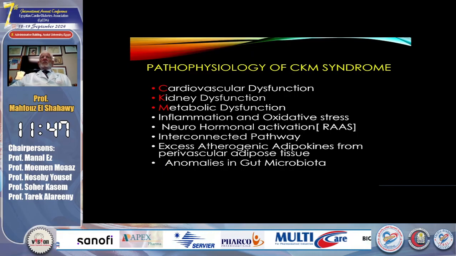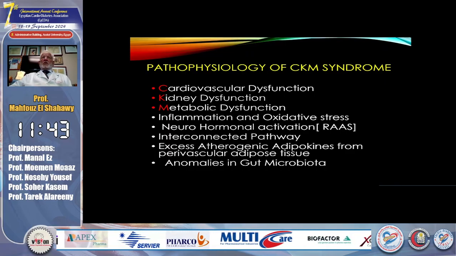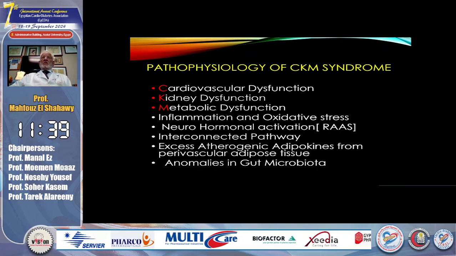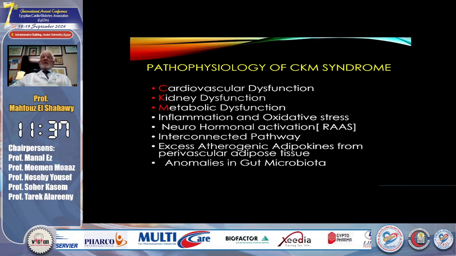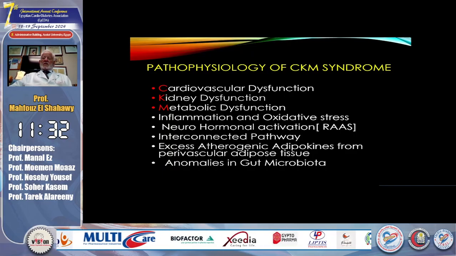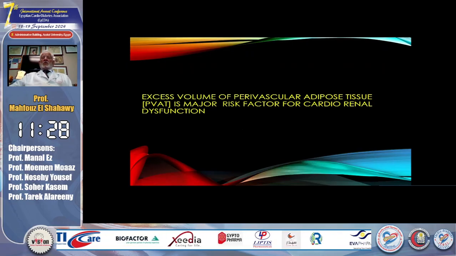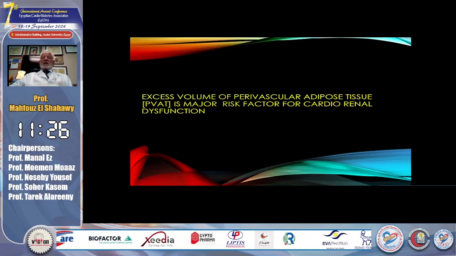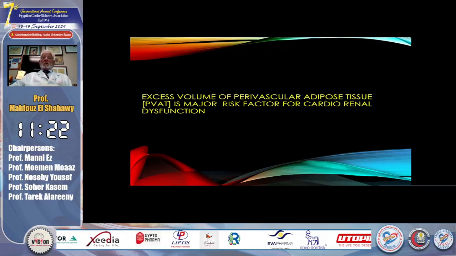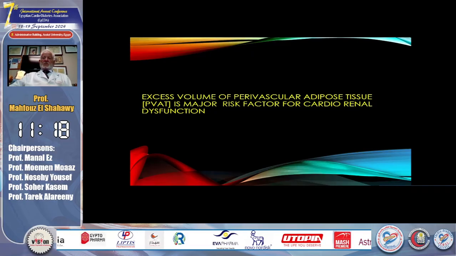And the most important thing to think about: all these conditions I mentioned earlier, obesity and diabetes, have increased epicardial, pericardial or perivascular adipose tissue, which is creating that, and later on you will know why. So the excess volume of perivascular adipose tissue is a major risk factor for cardiorenal dysfunction, CKM syndrome.